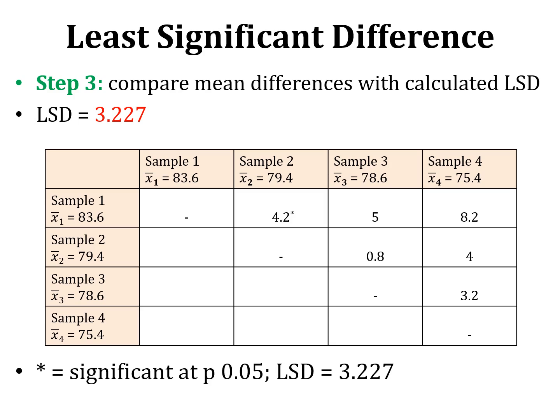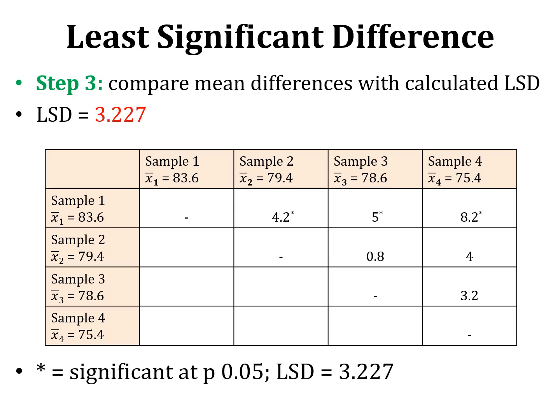Now let's see the next difference between the pairs of samples. This is 5, and 5 is also greater than 3.227. So what we ought to do here, we are going to place an asterisk, right? And this asterisk notifies that this difference is also significant. Then we have the third pair, which is 8.2. This is also greater, so we are going to place another asterisk here.